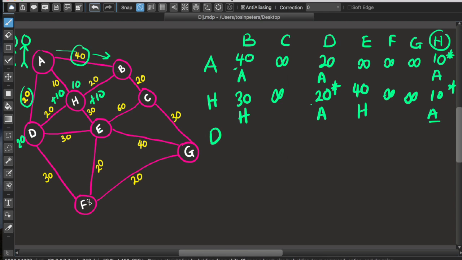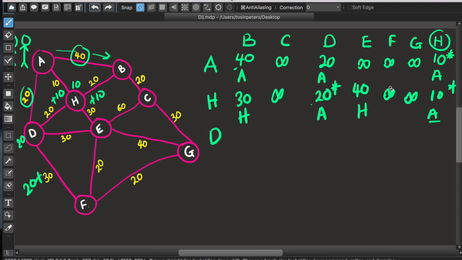D to F is 30 plus 20. You have to keep this in mind. You can't just say 30, you have to say D plus F because we are coming from D. Does it make sense? Okay. So you have to say 20 plus 30, so D to F is 50.